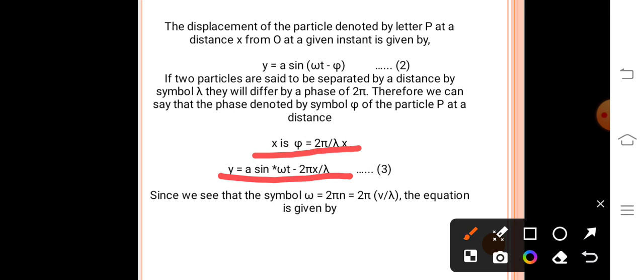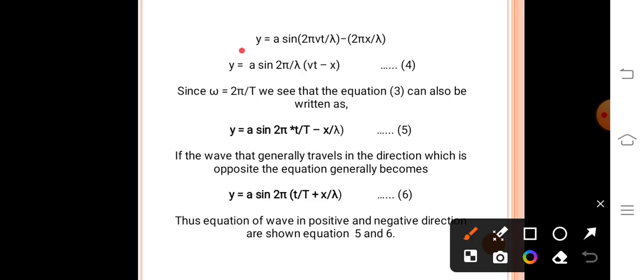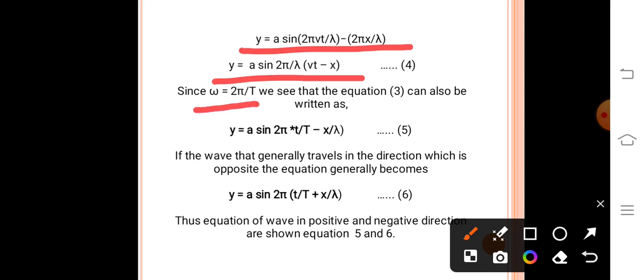Here omega is the angular frequency, so omega we can write as 2 pi nu, and nu equals v by lambda. So equation 3 will become y equals a sine 2 pi by lambda (v t minus x). We know that omega is equal to 2 pi by T, so we can write equation 3 as y equals a sine 2 pi (t by T minus x by lambda).